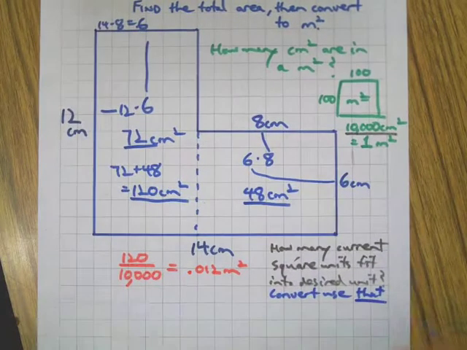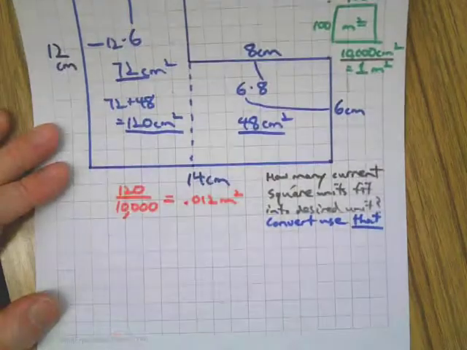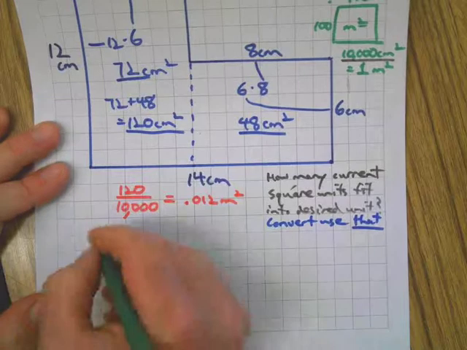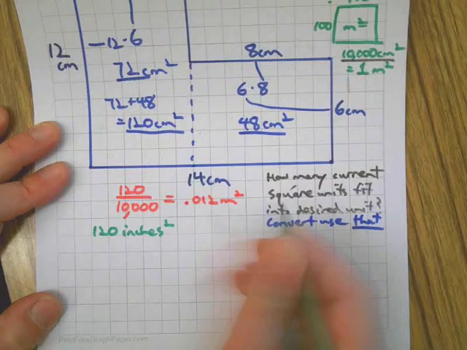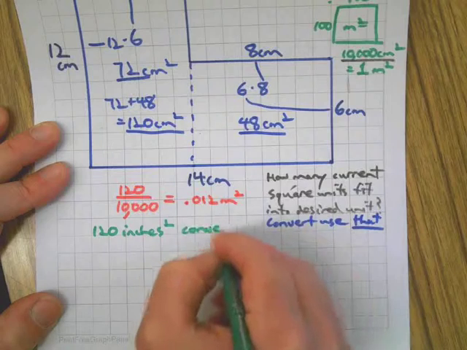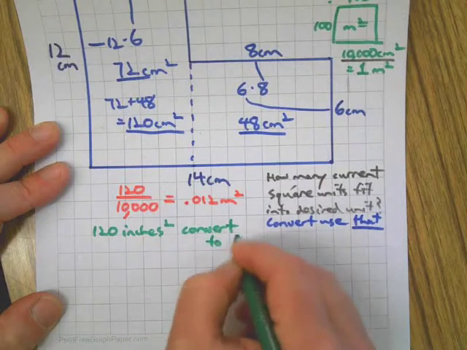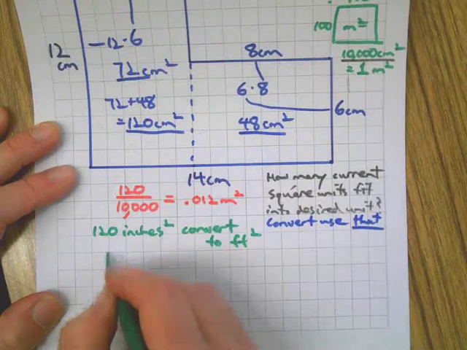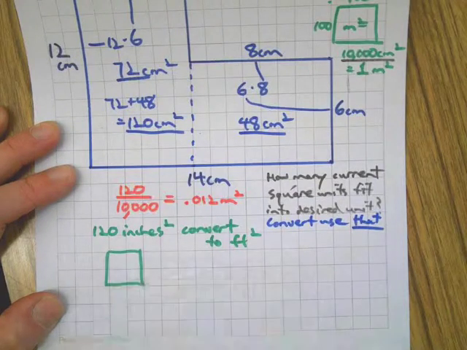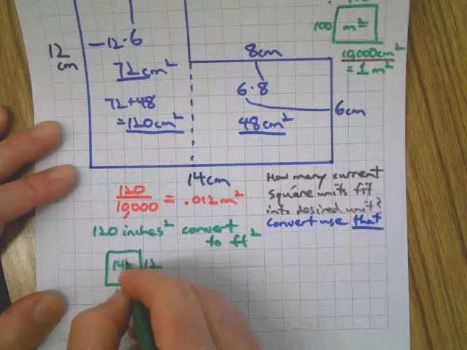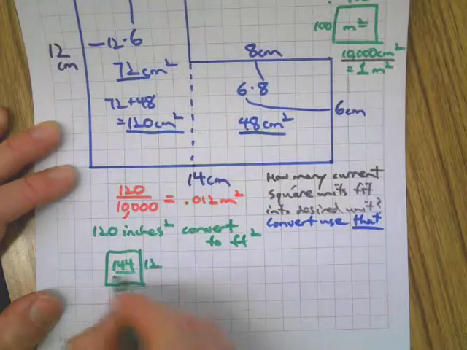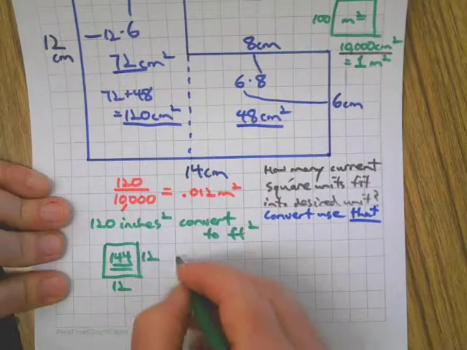So let's say, for example, let's take this same problem, but let's say this was 120 square inches. How would we convert this to square feet? Well, in 1 square foot, there's 12 inches in a foot, but it's a square, right? So that would make 144 my conversion factor here.